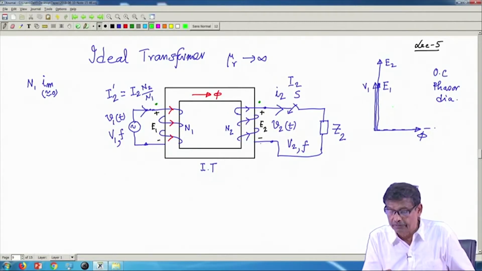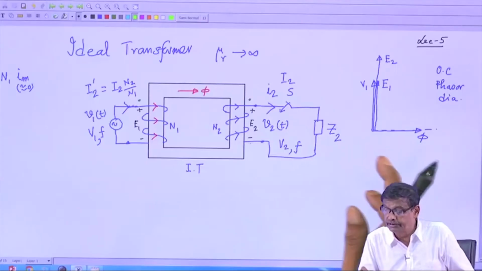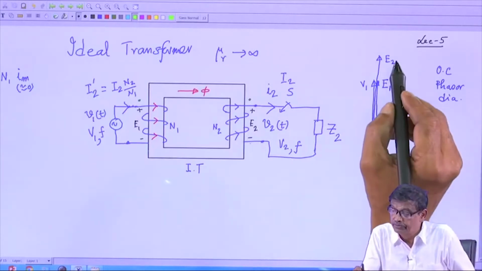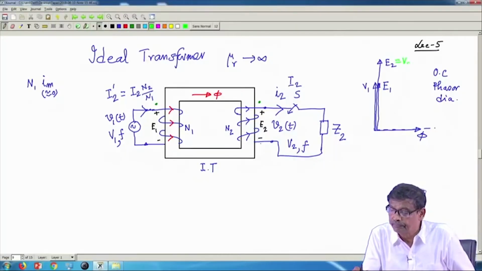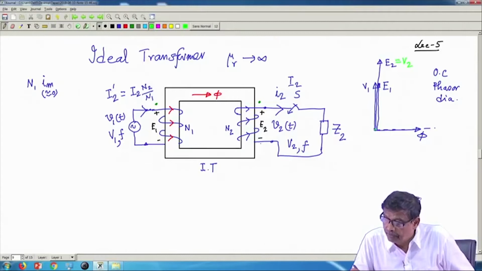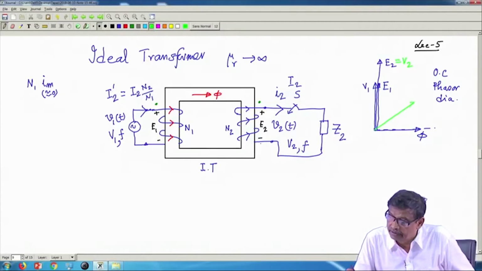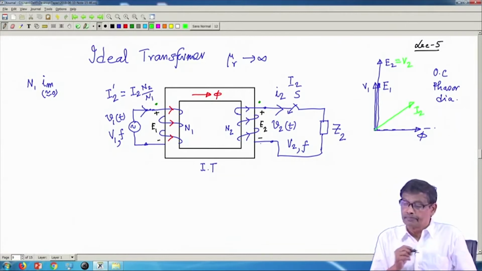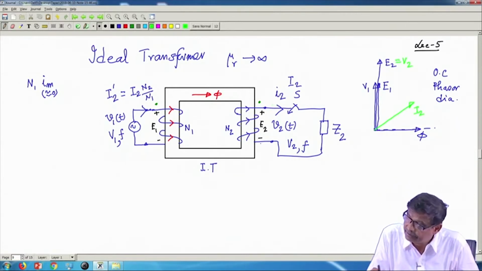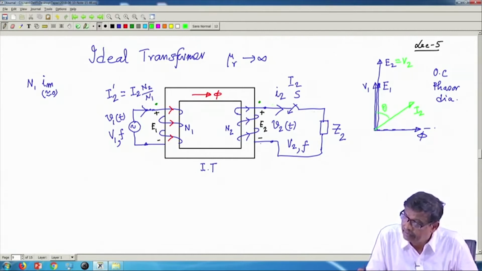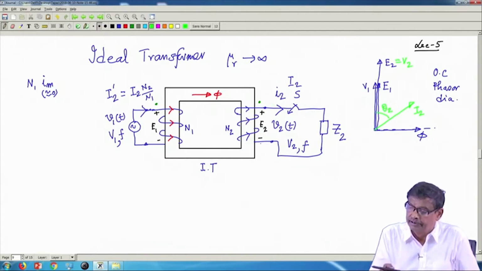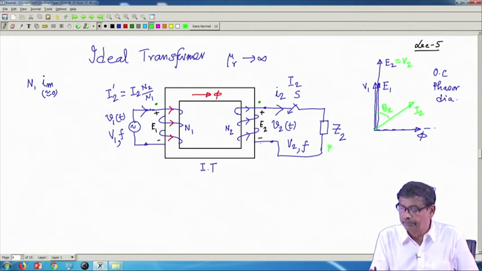Secondary current will be lagging this V 2 voltage, E 2 is equal to V 2, mind you, by the power factor angle of the load current. This will be your I 2. So, this I 2 will lag V 2 by the power factor angle of the impedance, which is theta, say.